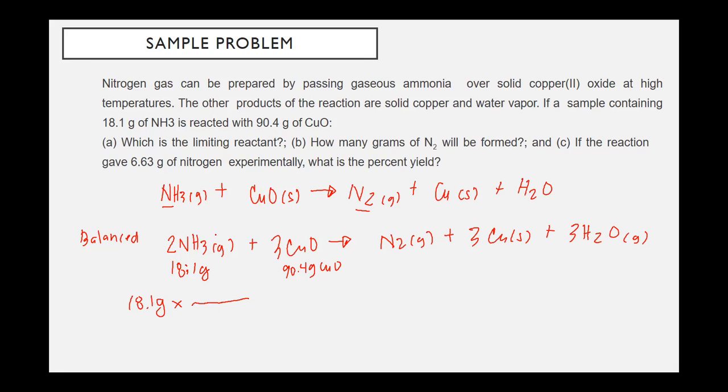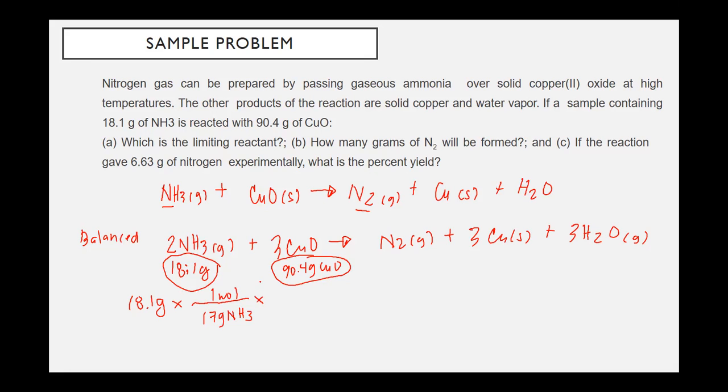Hanapin natin kung ilang moles ng N2 ang mapoproduce from this 18.1 grams and 90.4 grams CuO. So, we first have to look for the moles of NH3. We divide its grams by its molecular weight. So, we have 17 grams NH3 per 1 mole.